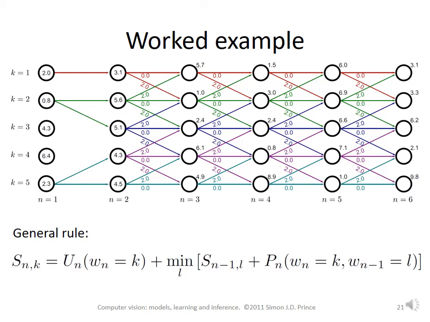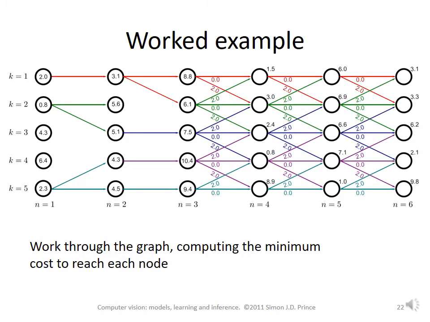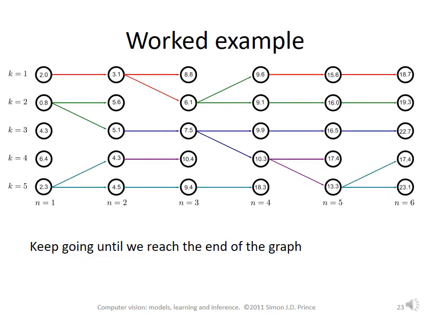It's going to be where you take the unary cost, which is fixed for a given node, plus the minimum path of getting there, the minimum L, which looks at the previous node and looks at the pairwise costs of getting from the previous node to this version of the current node. So repeating that process, we can fill in W2, keep going, W3, 4, 5, and 6.